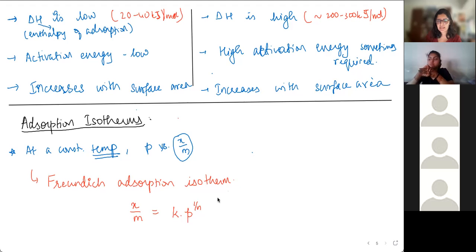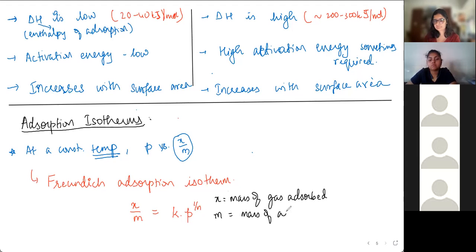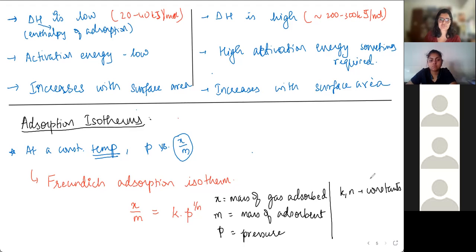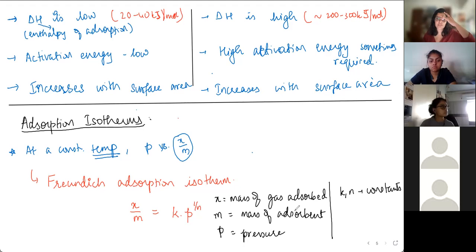In this, x is the mass of the adsorbate, or mass of the gas adsorbed. m is the mass of the adsorbent. p stands for the pressure. And k and n are basically constants that depend on the nature of the gas and nature of the adsorbent. They're just inherent properties of these things.